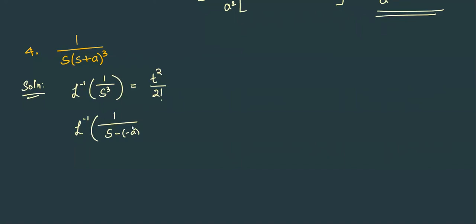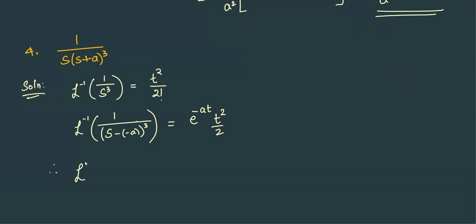Now this the whole cube. We know that for s minus a, it is e power at. So what we get here is e power minus at t square upon 2. All right, so this is the Laplace inverse transform of this.